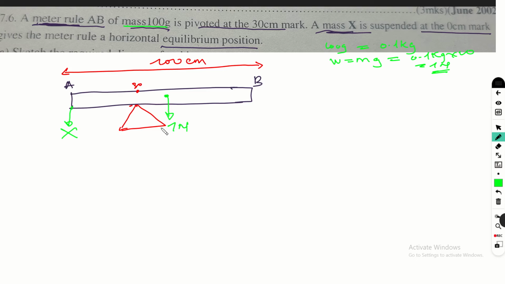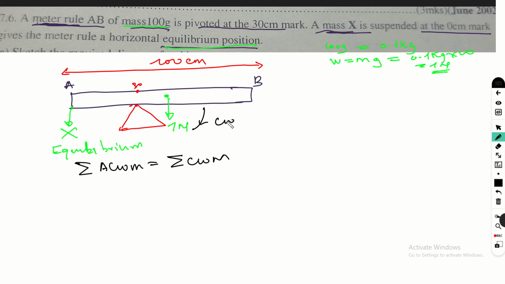So you have the weight of the ruler, and then you have this mass that you don't know. And they said the system is in equilibrium. From this understanding, it implies that the sum of anti-clockwise moments will be equal to the sum of clockwise moments. So this one will be the clockwise, and this one will be the anti-clockwise.